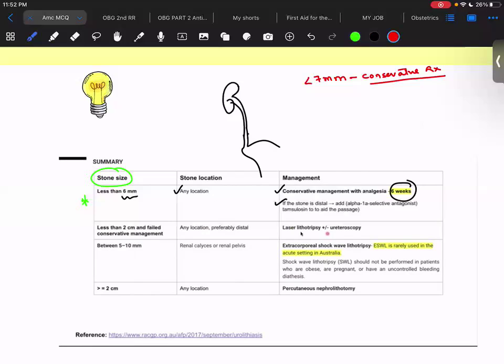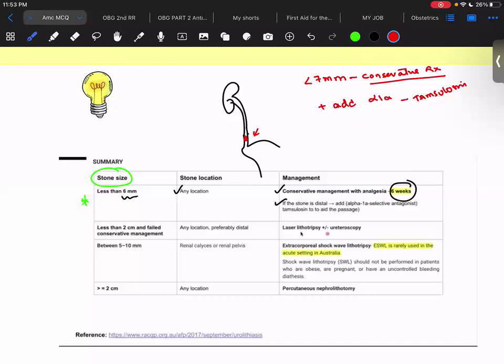Any patient who is having a kidney stone near the distal part of the ureter, we can go for the conservative treatment, plus we add the alpha 1A antagonist, that is tamsulosin, to aid the passage of the kidney stone.